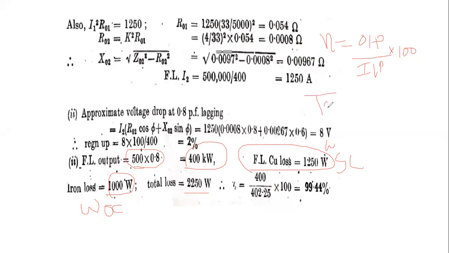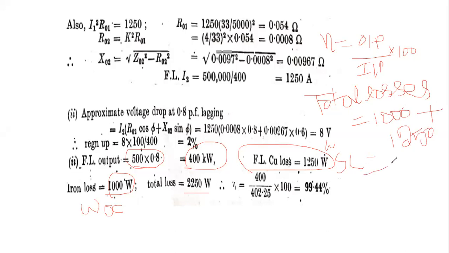After that we calculate the total losses. Total losses is equal to iron losses plus copper losses. Iron losses is 1000 plus copper losses is 1250. Therefore total losses is equal to 2250.